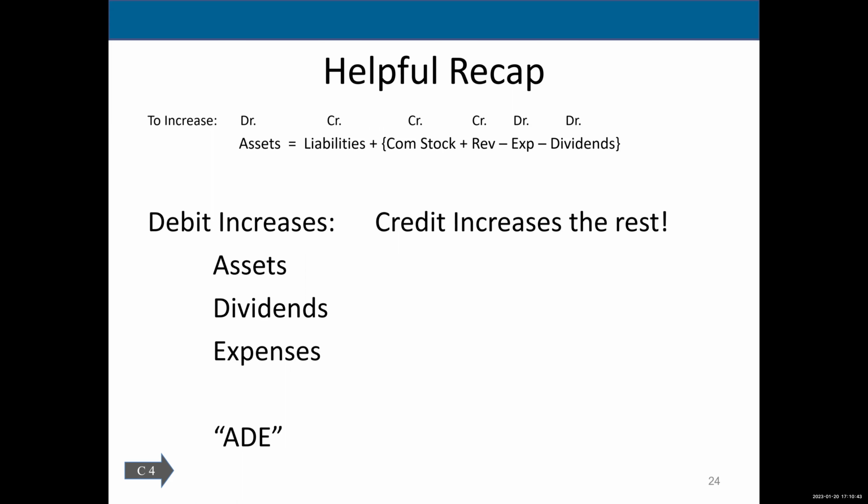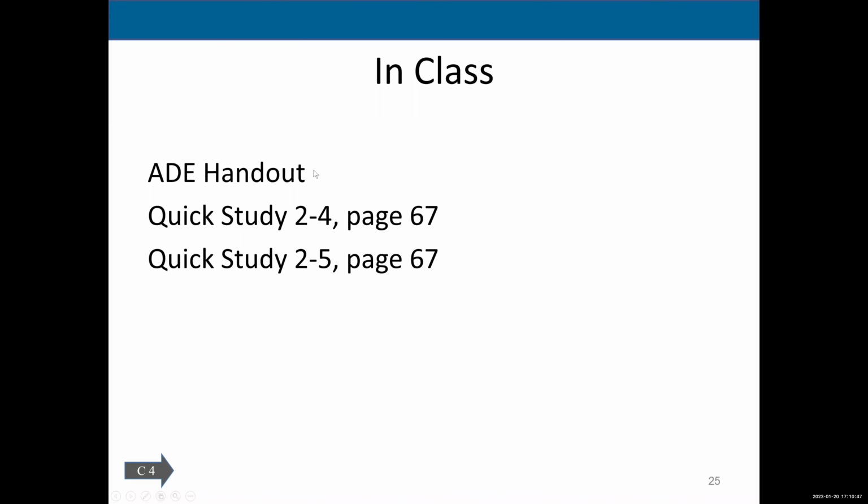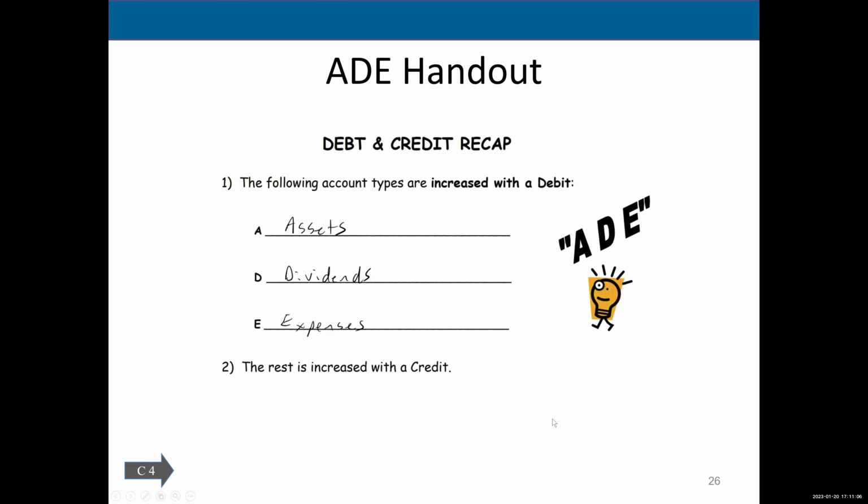Okay. So what I'd like you to do is we're going to go over the ADE handout, and I ask you to bring it to the session. Once you get it out, we'll go for it. We're going to do the ADE handout, and then we'll do Quick Study 2-4 and Quick Study 2-5. Now, for your enjoyment, I put this handout in sections.